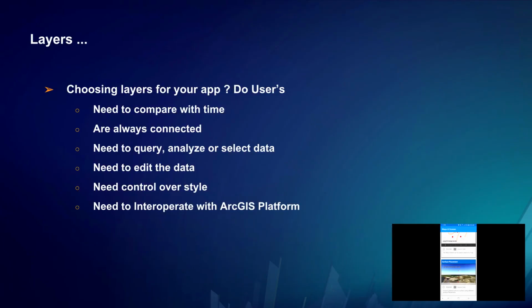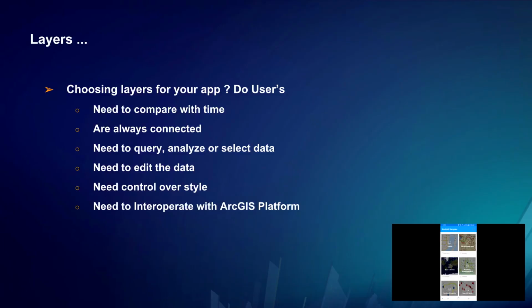But the key decision when you're building apps is to choose which kind of layers I really want to use in my app. So you need to think about your users. What do they really want in their app? Do they need any way to compare data with time? Do they always want to be in connected mode and work with services?